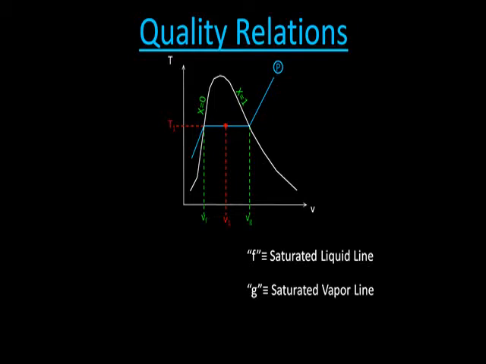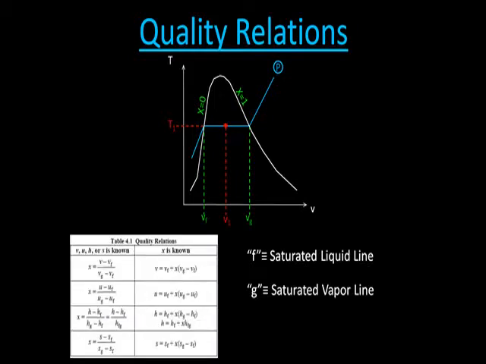Now, if we use table 4.1 from our text, we have these quality relations. If we're dealing with specific volume, we would see that our quality is defined by our specific volume minus the specific volume at saturated liquid, all over the specific volume at saturated vapor minus the specific volume at saturated liquid.